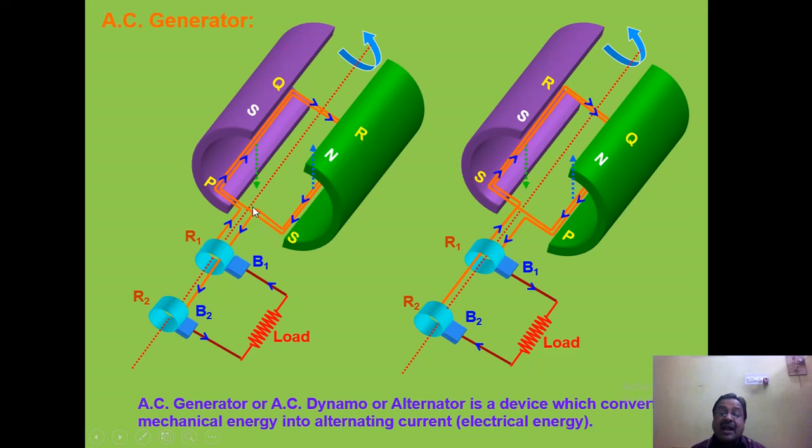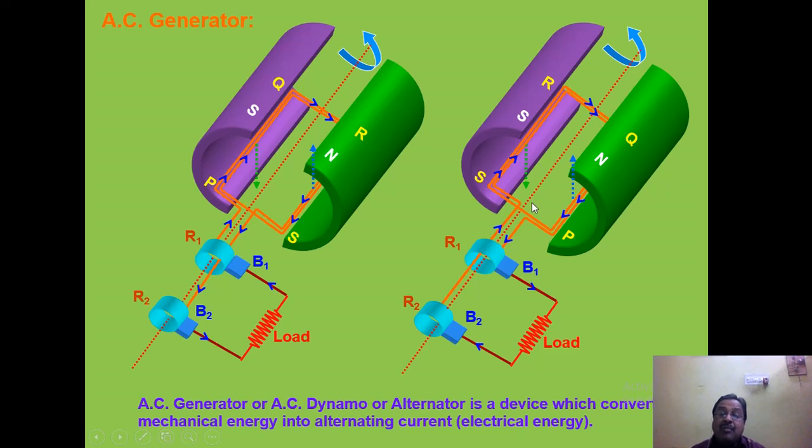And in the second half rotation, what happens here? This PQ which had gone down now comes up, and RS which had come up now goes down.